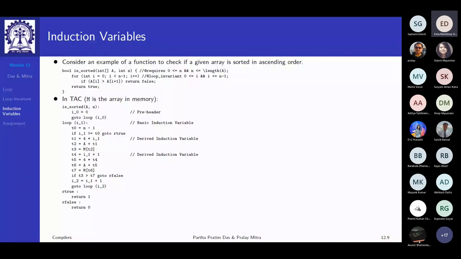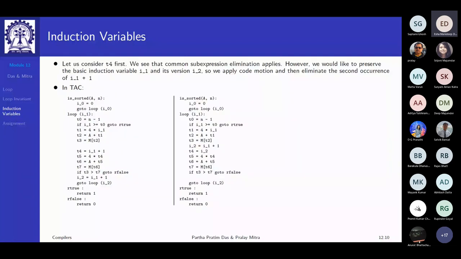Now, first, let us consider T4. What do we see in T4? We see that there is a common sub-expression. T4 is I plus 1 and I2 is also I plus 1. That is I1 plus 1, I1 plus 1. So there's a common sub-expression, so we can eliminate that.